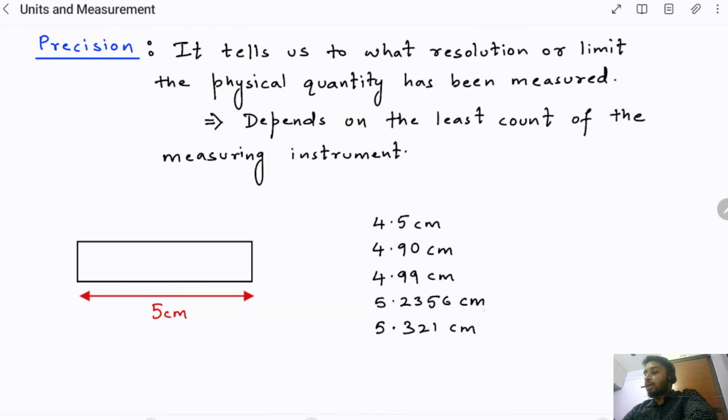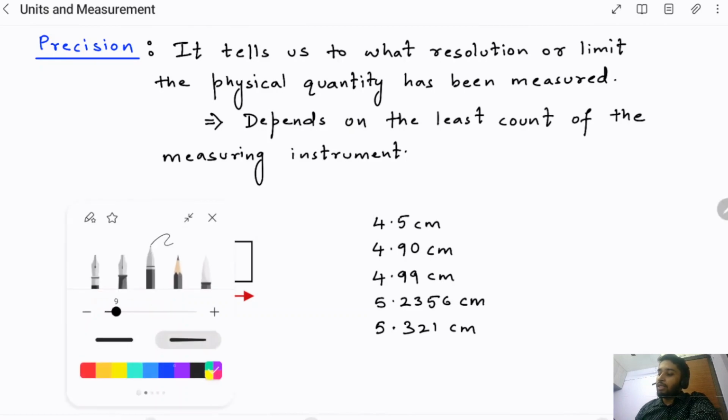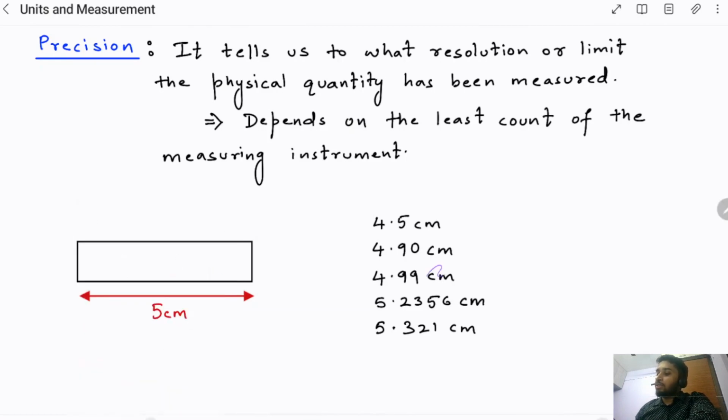Now if we need to figure out which is the most accurate measurement among these values, then our answer will be the third measurement, which is 4.99 centimeter. This particular measurement is the most accurate measurement.